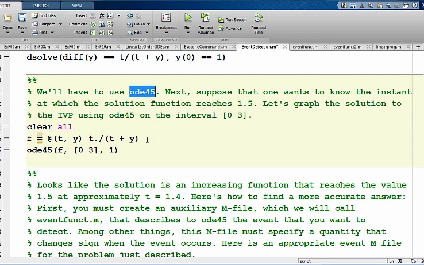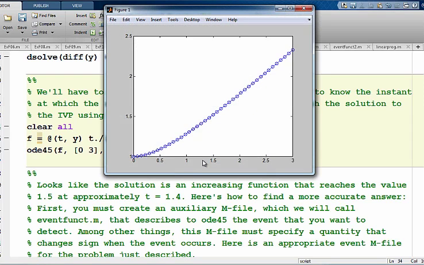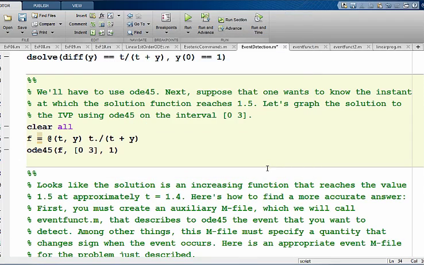Here's my syntax for ODE45. It's 1 at y equals 0, and I'm solving on the interval 0, 3. So let's run it, and there's the graph. It looks like an increasing function, and it gets to y equal 1.5, I don't know, around 1.3, 1.4, not clear. We want to determine that value as precisely as we can.